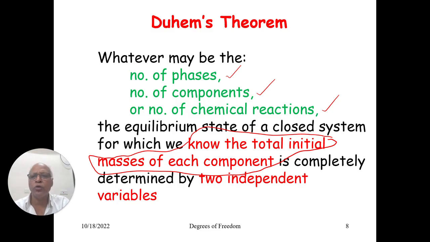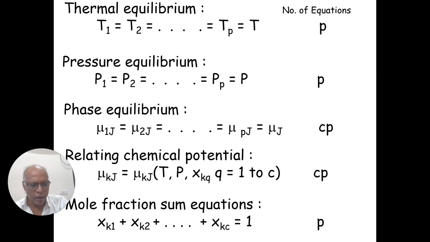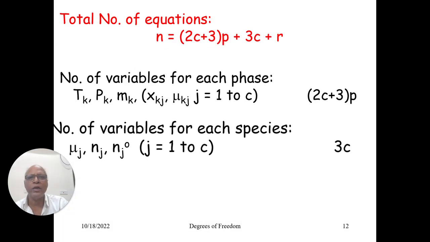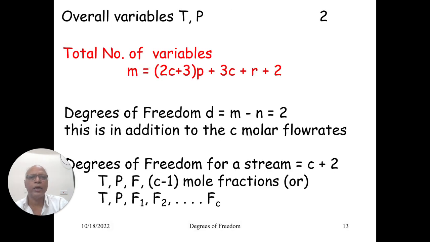I may not be going into the derivation part, but you can once again identify the number of equations, taking an example, number of chemical reactions and so on. And finally, you will be able to evaluate the number of equations, number of variables, and arrive at the degrees of freedom, which is going to be 2.